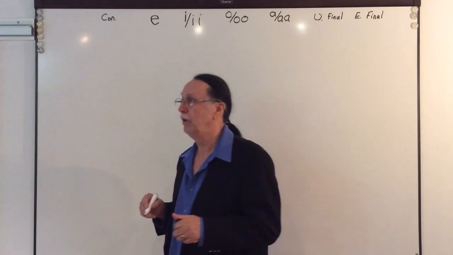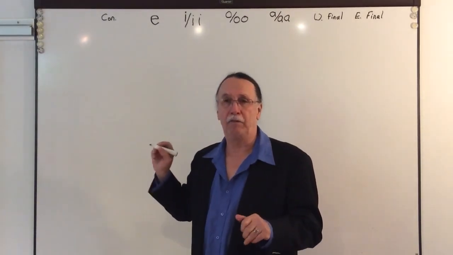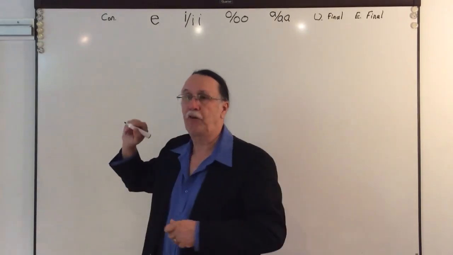So let's start with the vowel sounds by themselves. For that we use a triangle.